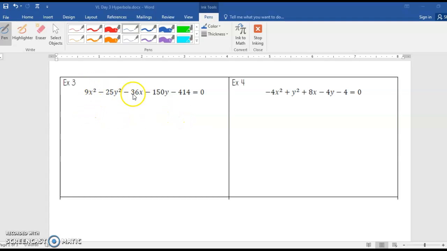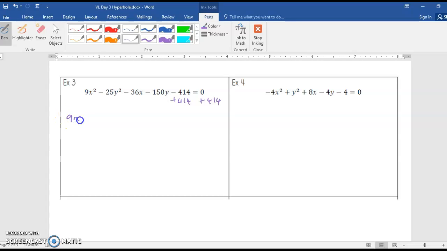But what you need to do is what you normally do with ellipse or circle equations. It's the same thing, except you have to watch out for the minus. So you will add the constant first on both sides. And as you write the next line, you would group all the x terms separately and y terms separately.